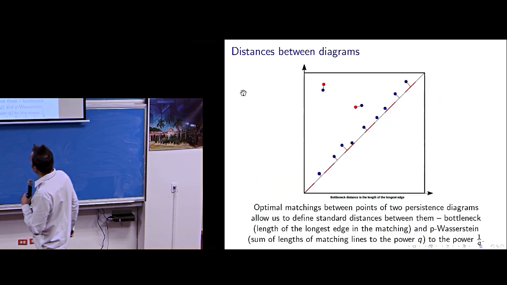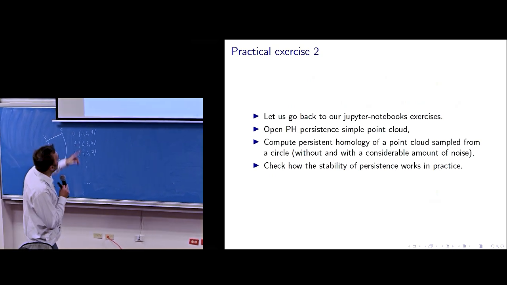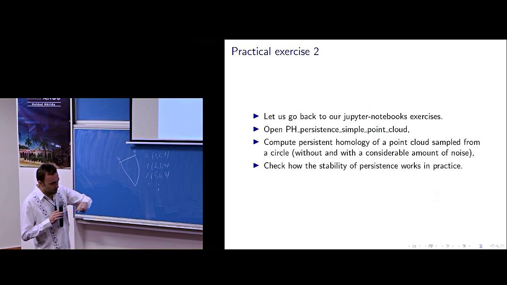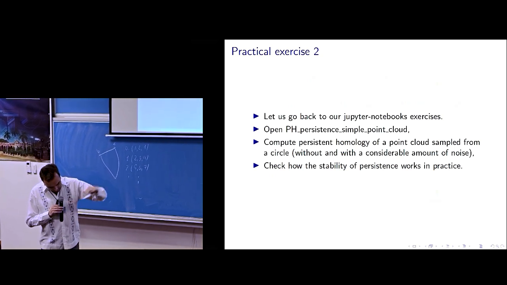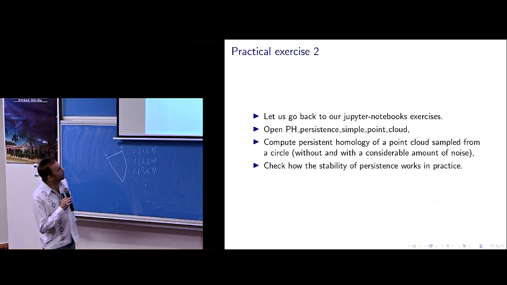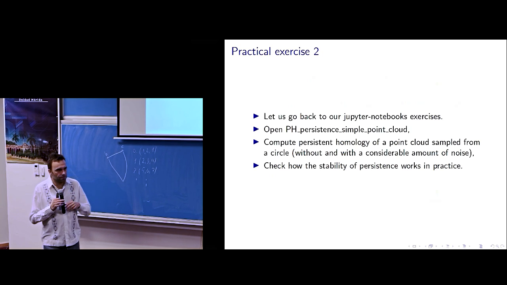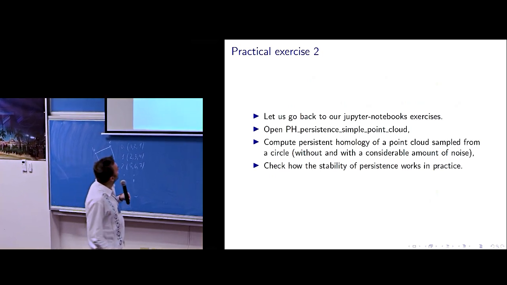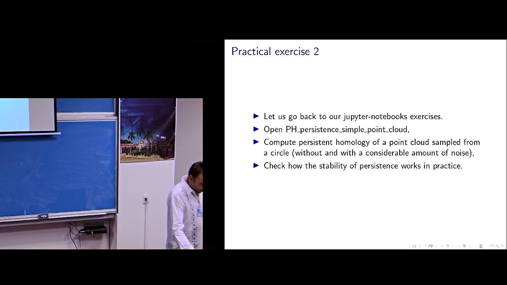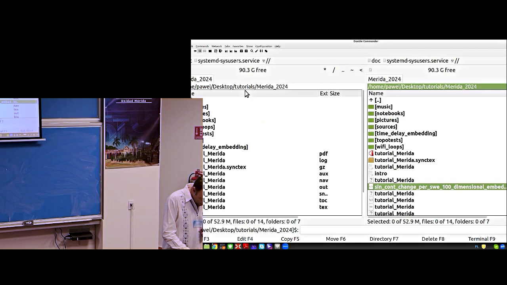And the persistence stability theorem, which will appear eventually, but it's not here at the moment, tells me that the maximal amount of shift I did on the points will upper bound the bottleneck distance in the persistent homology. So what I want to take a look at is this script, which is called persistent simple point cloud.